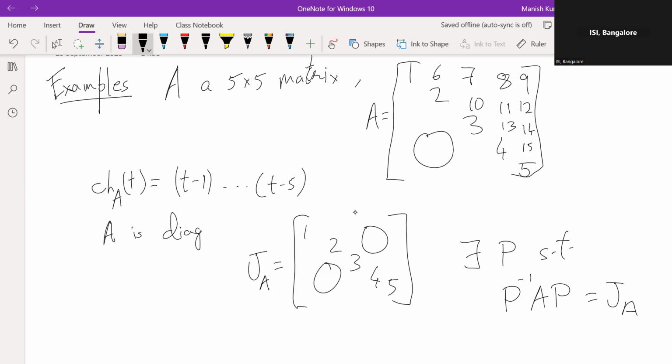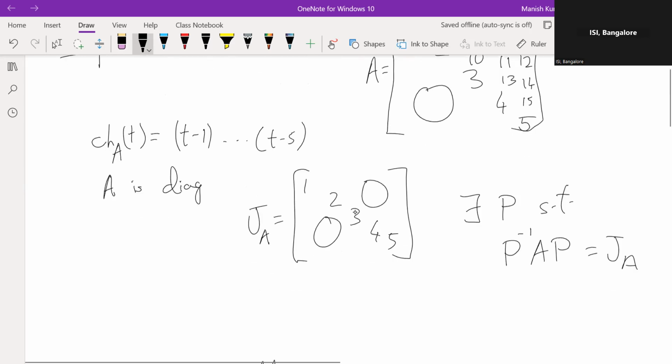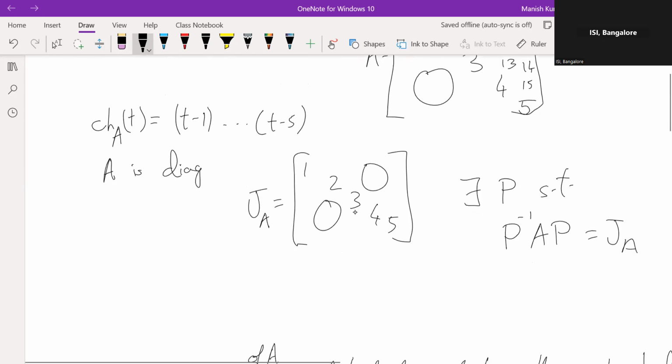Though I can tell you what the Jordan form is, this doesn't tell you what the matrix P is. The matrix P is usually difficult to figure out, but the Jordan form you can figure out by other tricks, using for instance the characteristic polynomial, or, as we'll see, the minimal polynomial and so on.